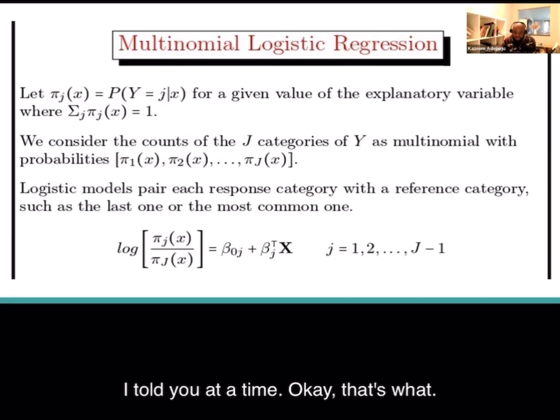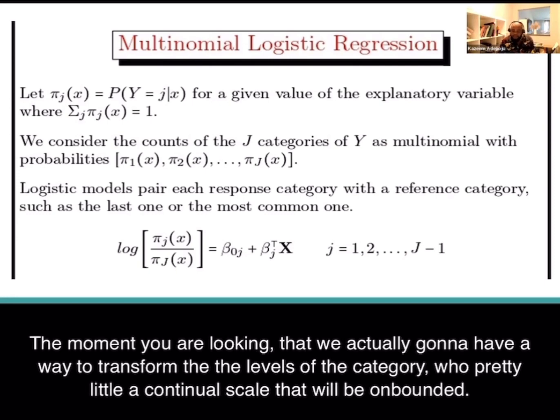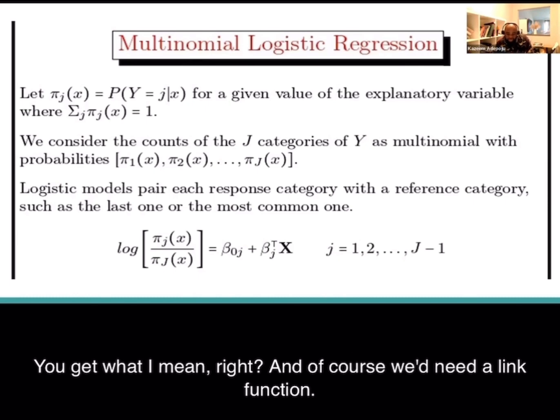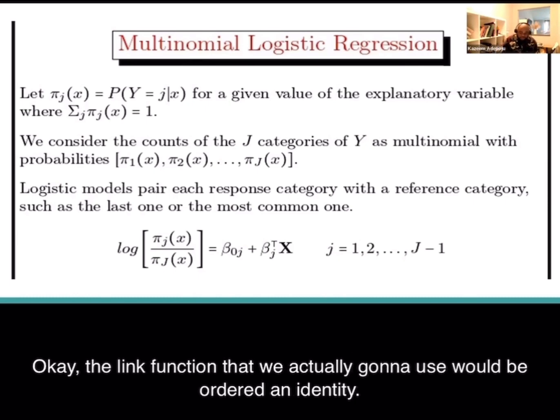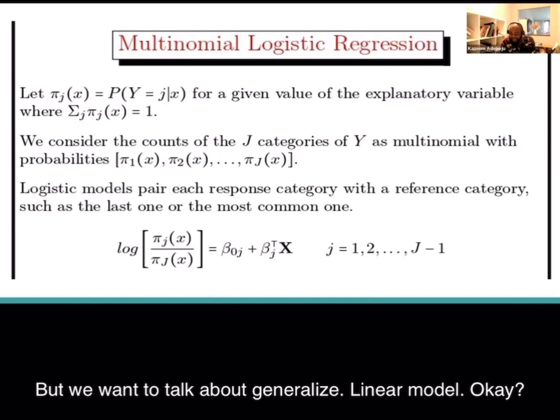Don't forget, I told you the other time that we're going to have a way to transform the levels of the categorical response to a continuous scale that is unbounded. You get what I mean, right? And of course, we need a link function. The link function that we're going to use will be other than identity. I told you the other time, identity as a link function, we use that for the general linear model.